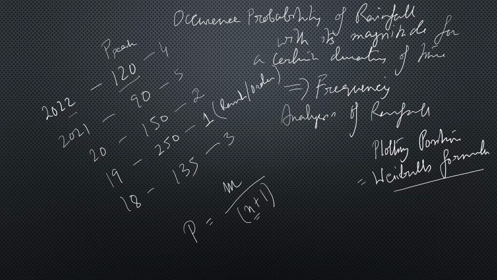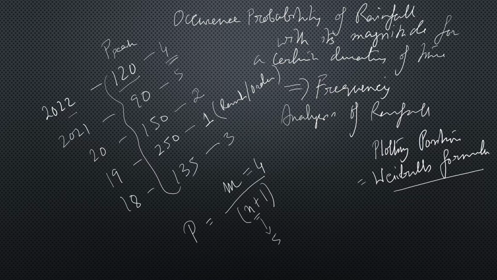As per the descending order of magnitude, it has the fourth position. So M will be 4. N, the total number of data given to you, is how many? 5. N will be 5.